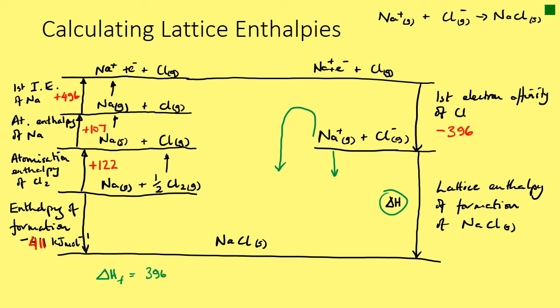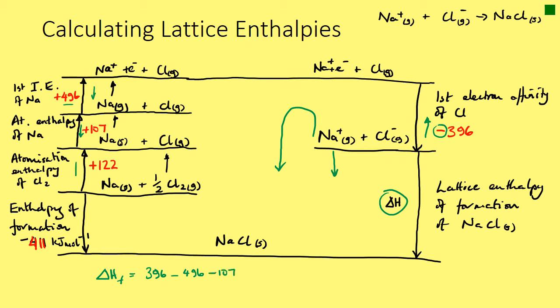So notice I've changed the sign, because if we're going in this direction up this arrow, we need to change this sign here. So it's 396. And then what we're doing now is we're going to come down this direction. So we have to subtract our 496, which was our first ionization of sodium. And then we're coming down in this direction again. So we have to subtract our 107.